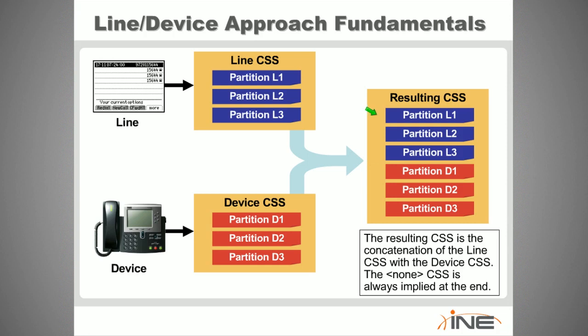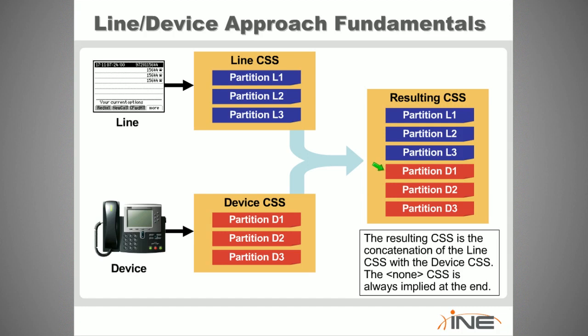So in other words, if partition L1 does not contain a pattern that matches anything that D2 matches, and neither does L2, L3, and D1, then the pattern that I dial that matches a pattern inside partition D2 will be chosen. Longest match is still chosen regardless of order of partitions.